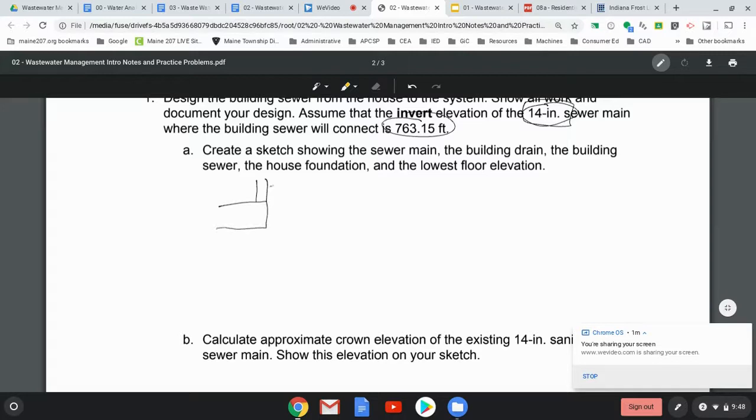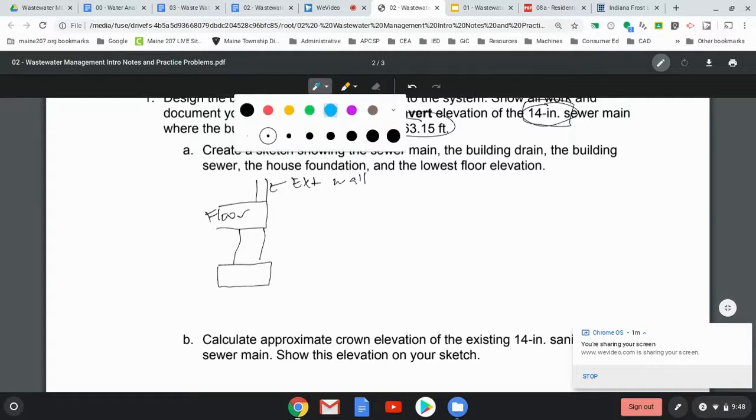So that's the exterior wall. This is our floor. This is our foundation wall coming down. And then you have your footing. And then through here, let me change colors.